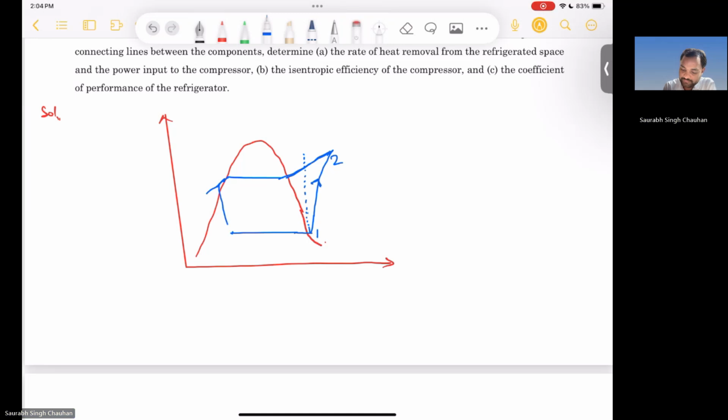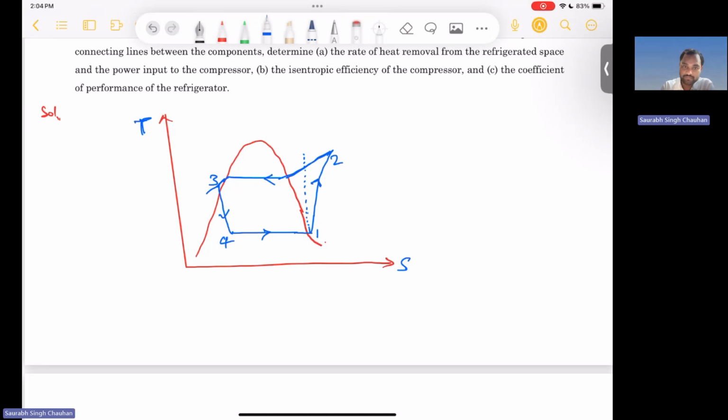Then we have this throttling process, 3 to 4. Okay, this is our TS diagram.